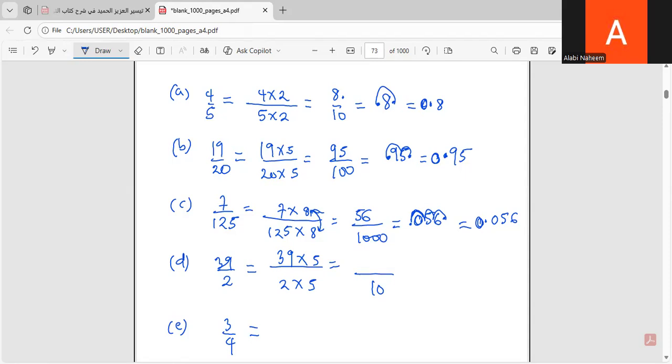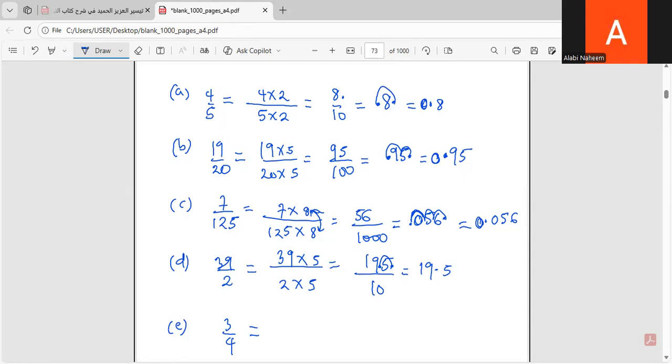Then 39 times 5 is 195. Let's divide by 10. 10 has just one 0, so there's a decimal point at the end here. Shift it to the left just once. The decimal point is now here. That's 19.5.